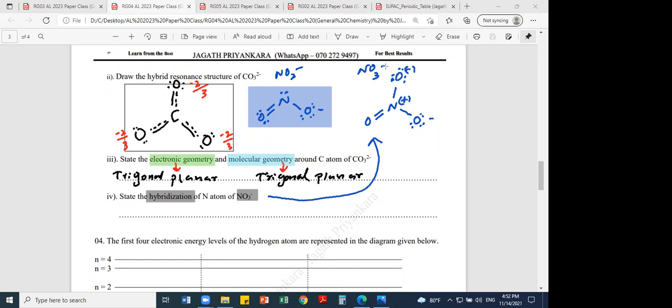This is how you get the structure of nitrate, NO2 minus to NO3 minus.